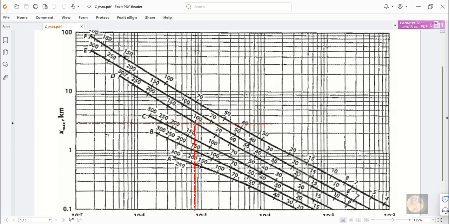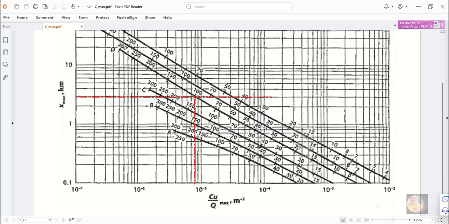As you see, it's not really precise when you do it graphically, but you have an error of maybe half a kilometer or a little less, maybe 250 meters.